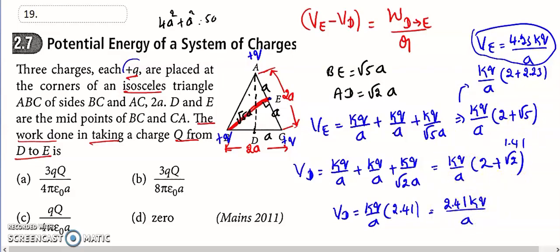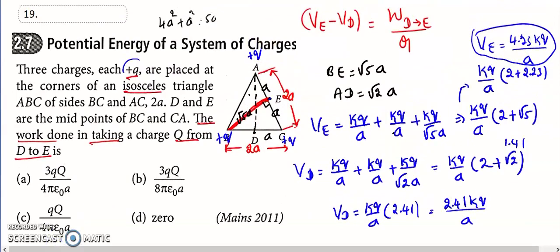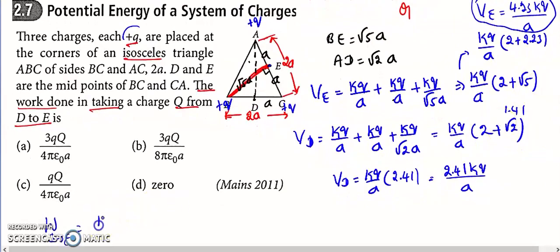So what is the final answer here, the potential difference. The work done from D to E is equal to VE minus VD, so you have to do the subtraction with kq by a.